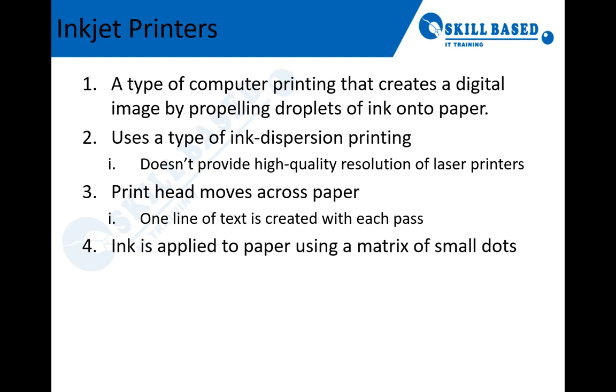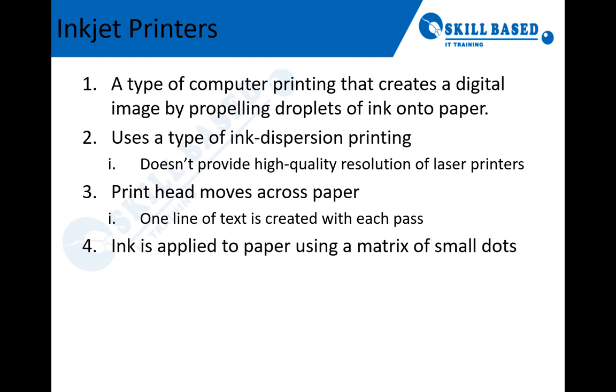It uses a type of ink dispersion printing, so it does not provide the high quality resolution of a laser printer. Why? Because if you use a microscope to look at the printout, you'll find that the ink is like dotlets on the paper. So the DPI is not as high quality as laser printers. Later we will explain about laser printers.